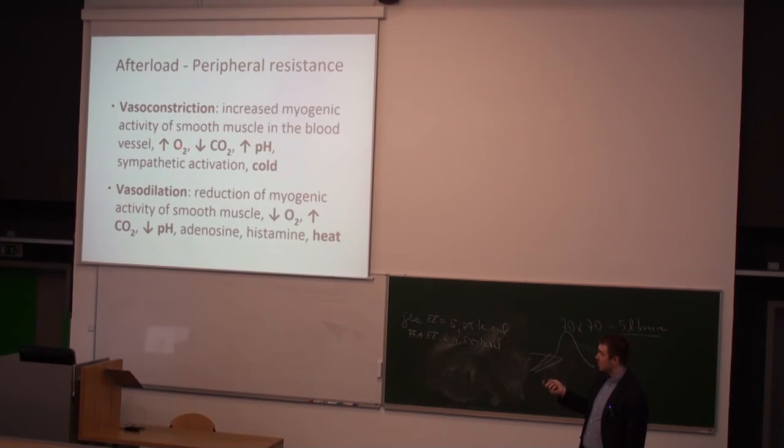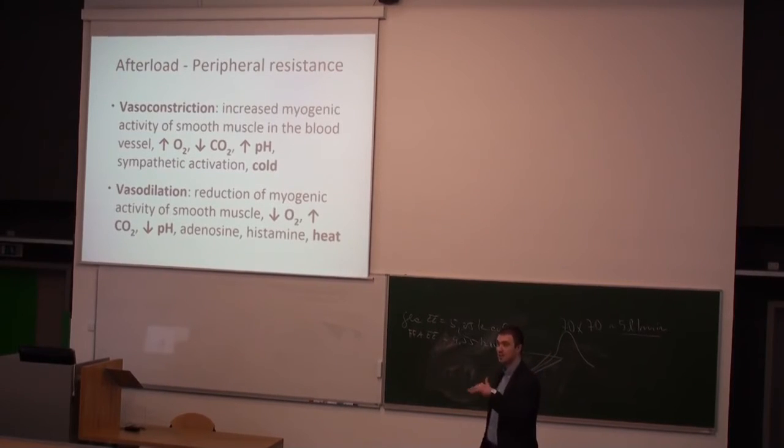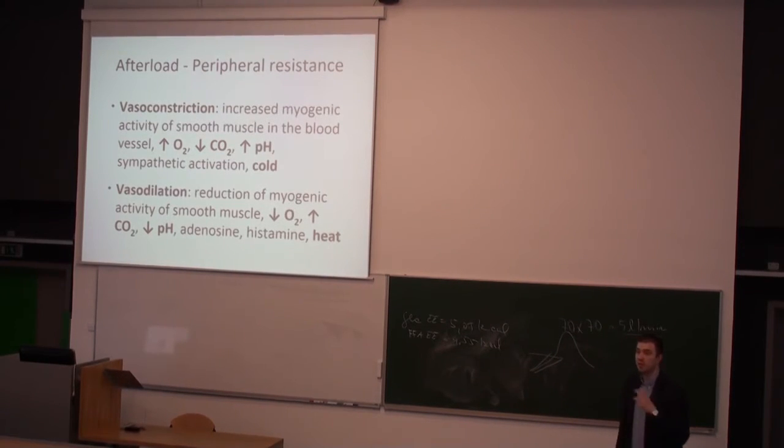A lot of oxygen leads to vasoconstriction. Lack of carbon dioxide leads to vasoconstriction also. The thing is, if the tissue has enough oxygen and the carbon dioxide is not accumulating inside, there's no need to increase the blood flow inside.